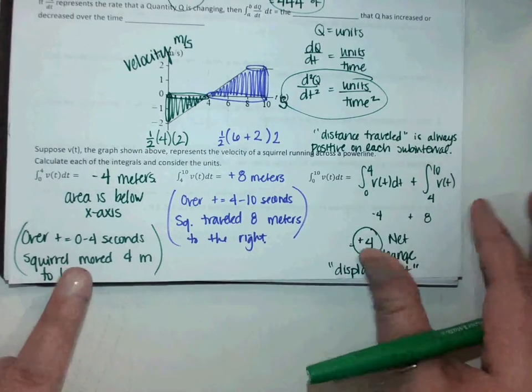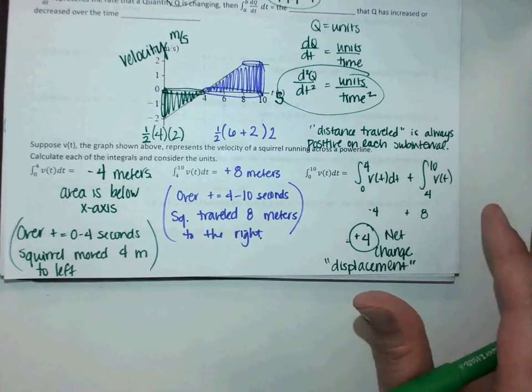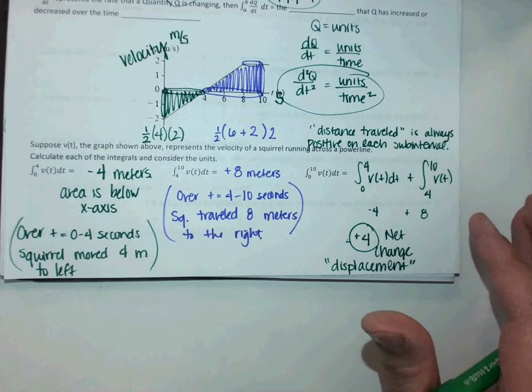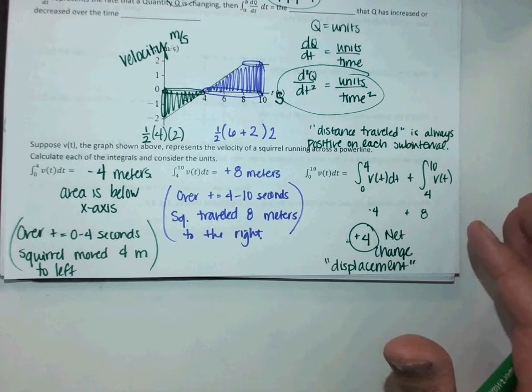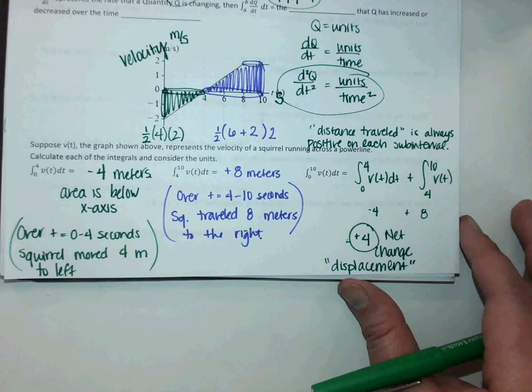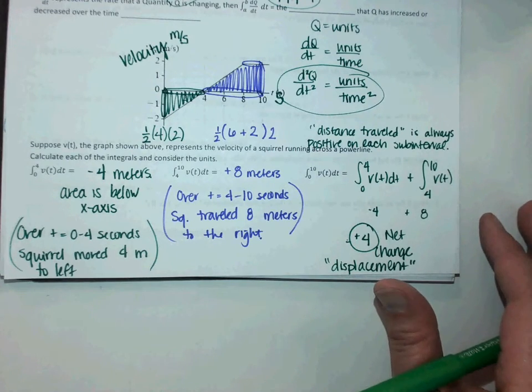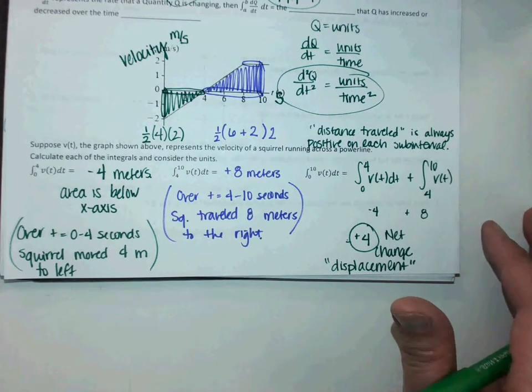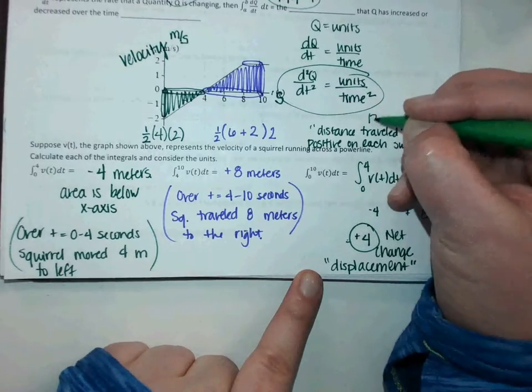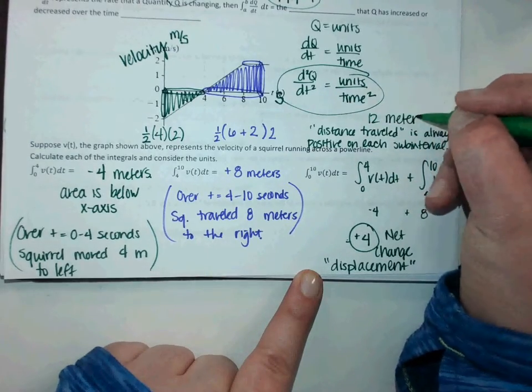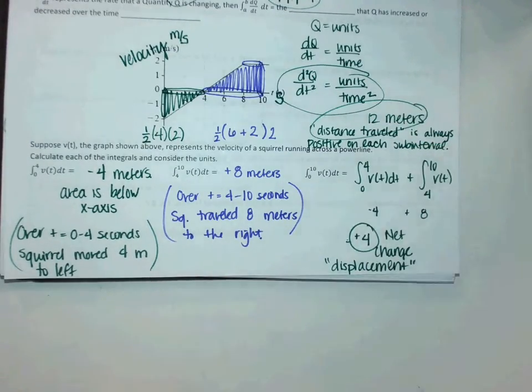So it doesn't matter if I go the same distance forward and backwards. They cancel out for displacement. They don't cancel out for distance traveled. So turn the page and we'll write your formal definitions for those. So in total, your squirrel went 12, but his displacement was 4.